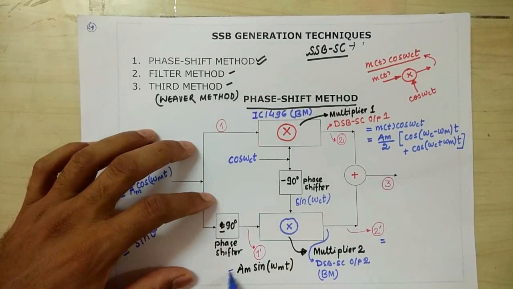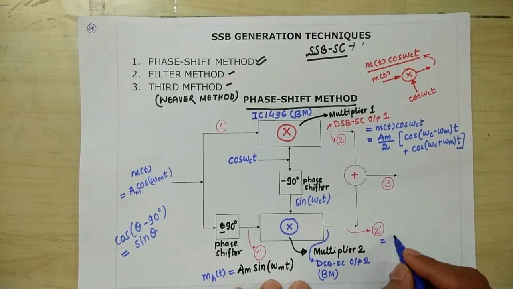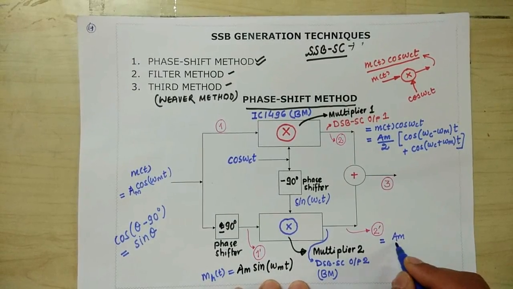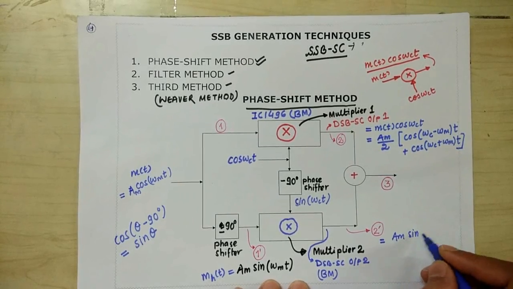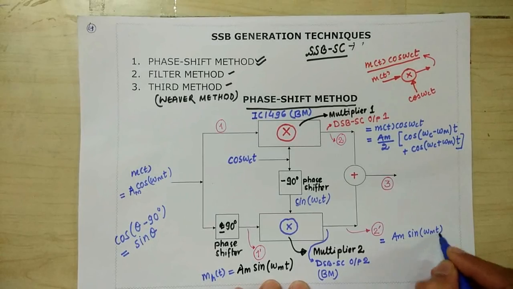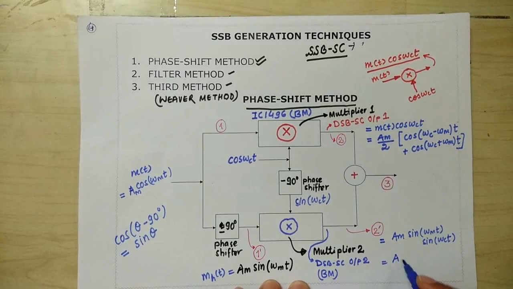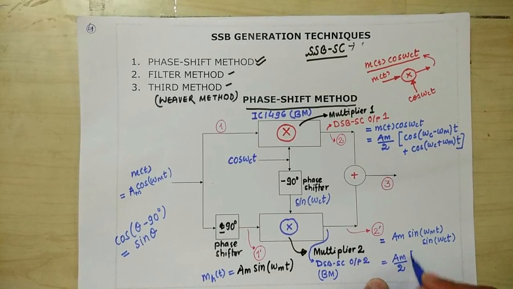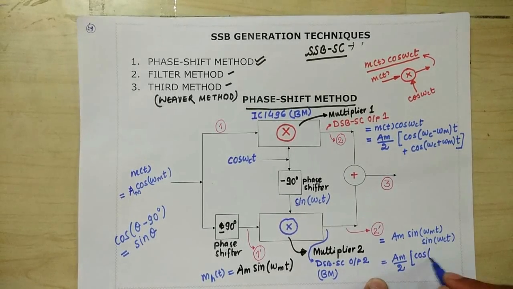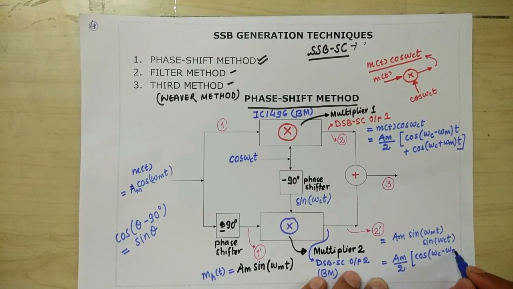Let's call this shifted version m h of t. So this is Am sine of omega mt times sine of omega ct. Again, by using the sin A sin B formula, we can write it as Am by 2 [cos of (omega c minus omega m) t minus cos of (omega c plus omega m) t].